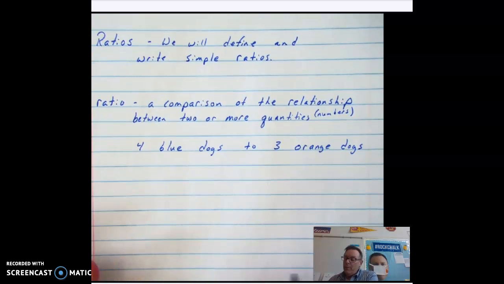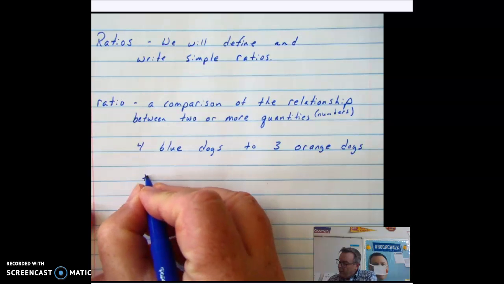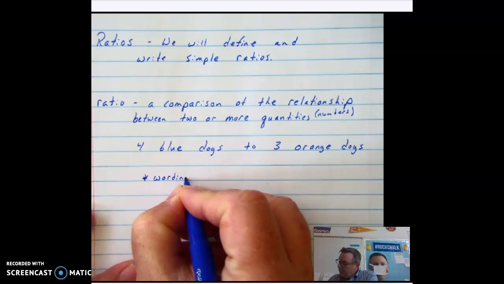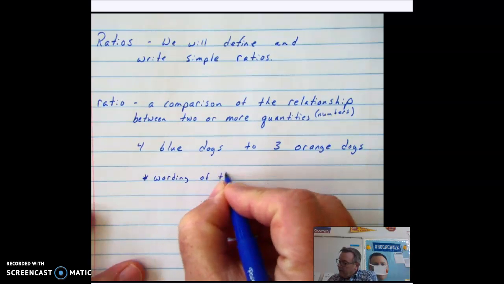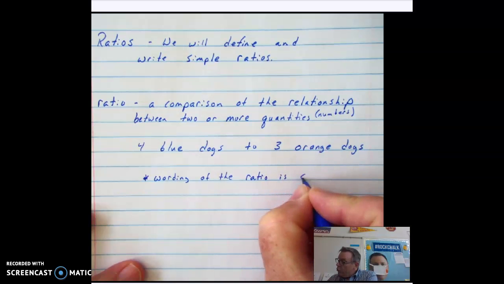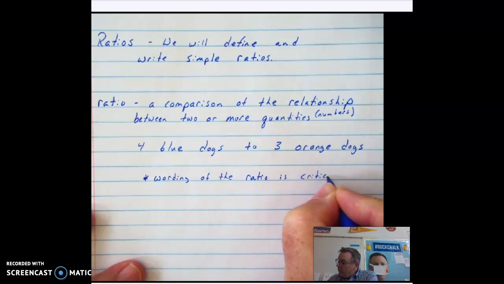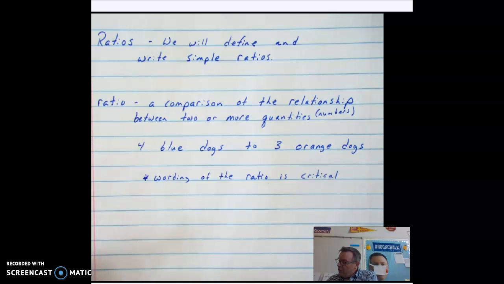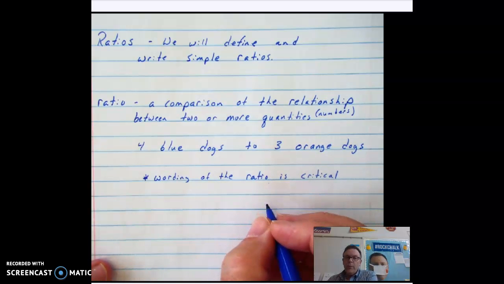So a couple things before we write them are super important. The first thing is the wording of the ratio is critical. You can't get in a big hurry when you're trying to write your ratio. So the wording of the question is super important.